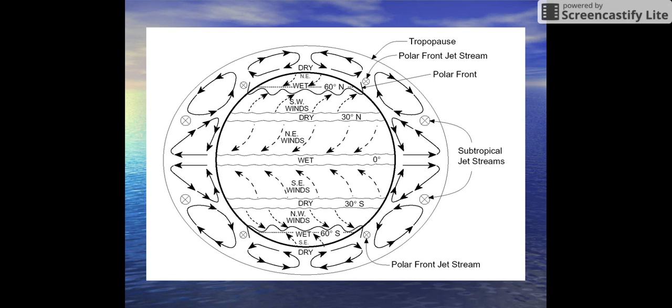Those are the jet streams. So you have subtropical, you have polar jet streams. Within that, they're also showing you the diagram looking straight on where you can see the movement of those currents, or those convection currents throughout the atmosphere. Okay, moving on.